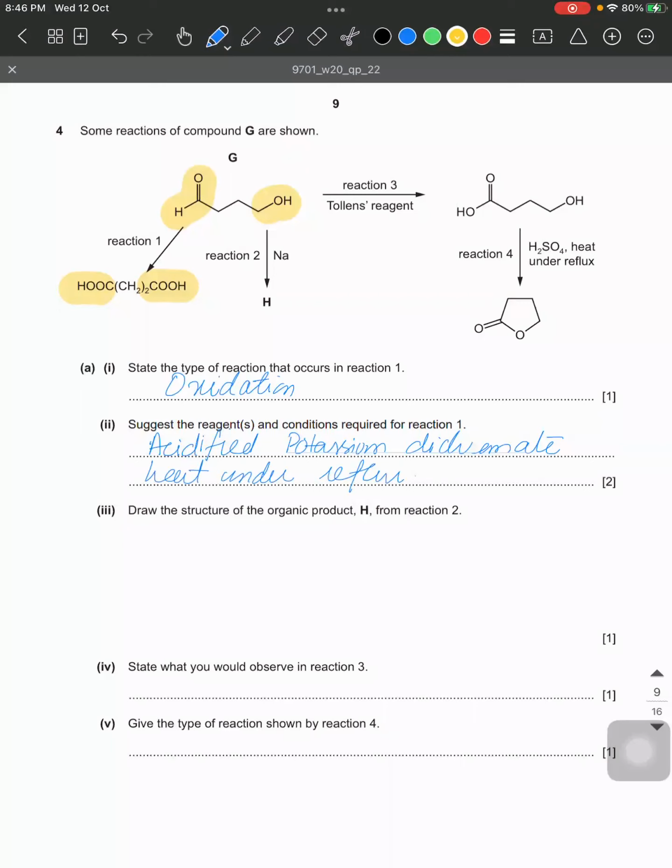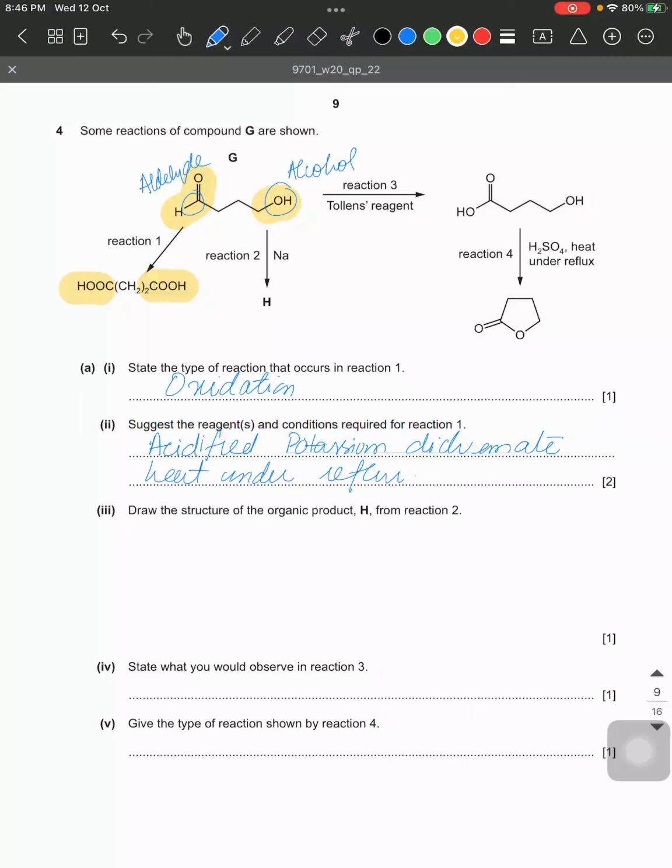Draw the structure for organic product H from reaction 2. If we talk about reaction 2, over here we have alcohol, and this is aldehyde. We know that when you react Na with alcohol, it will produce some product.